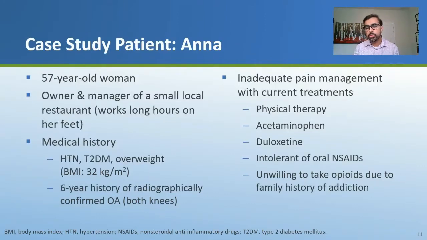Currently, she's attempted physical therapy, acetaminophen, and duloxetine, but she really has inadequate pain relief. She's intolerant to oral NSAIDs, nonsteroidal anti-inflammatories, and she's unwilling to take opioids due to a family history of addiction.